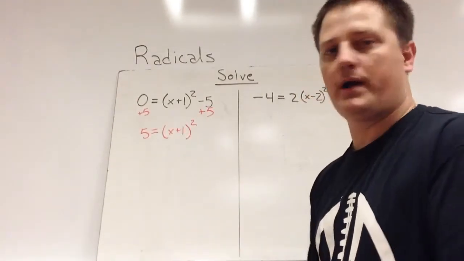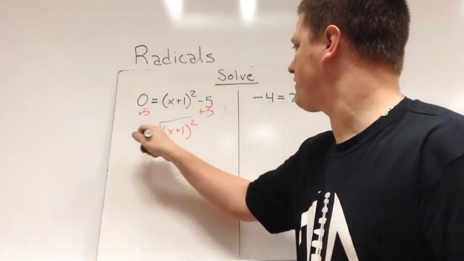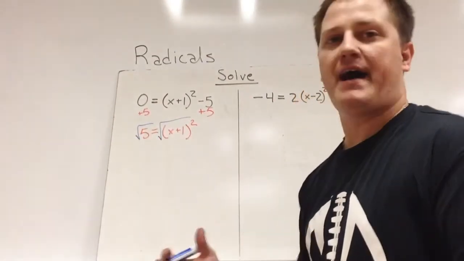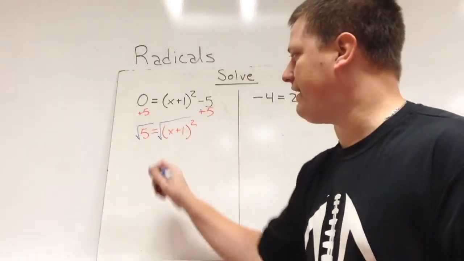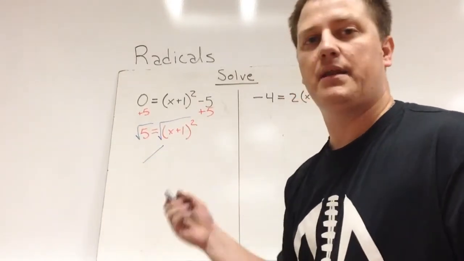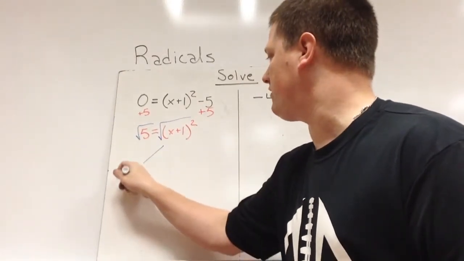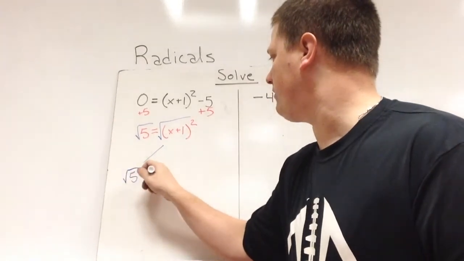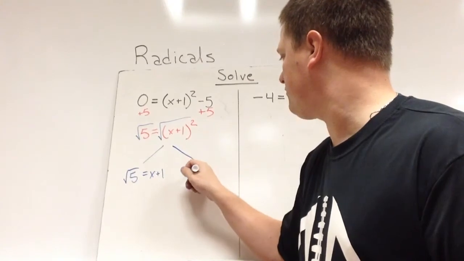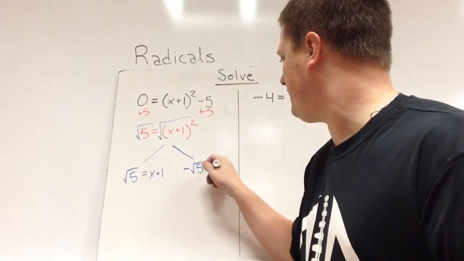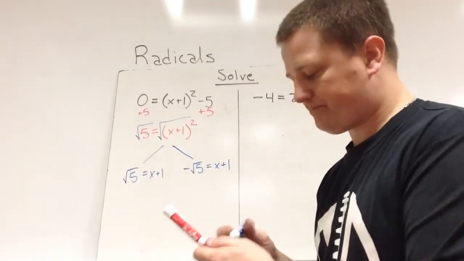Okay, now we're going to square root. Now 5 doesn't square root perfectly, and it doesn't factor down, so the square root of 5 is actually our answer, but we need a positive and negative, so we're going to go square root of 5 equals x plus 1, and negative square root of 5 equals x plus 1.